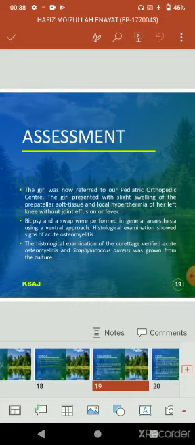Biopsy and a swab were performed in general anesthesia using a ventral approach. Histological examination showed signs of acute osteomyelitis. The histological examination of the cartilage verified acute osteomyelitis, and Staphylococcus aureus was grown from the culture.